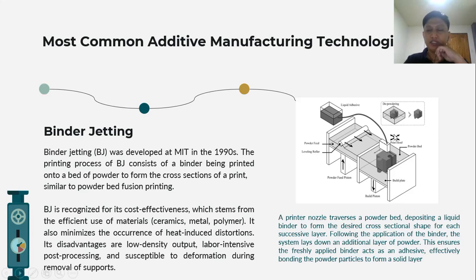So the image on the right side here is an example of a binder jetting machine where a print head moves in the X and Y direction, and it ejects a liquid adhesive or a binder material.